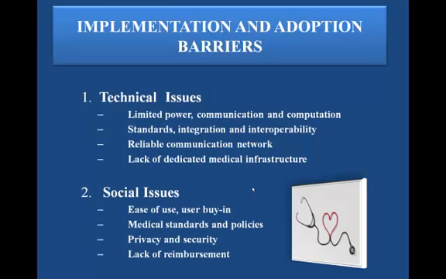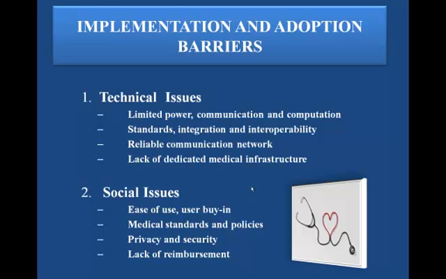Under technical issues, we have limited power, communication, and computation capability of existing miniaturized medical devices, deficient standards, integration, and interoperability requirement of available medical applications, lack of reliable communication network needed for life and death situations, and the absence of dedicated medical infrastructure to ensure private and secure medical data transmission.